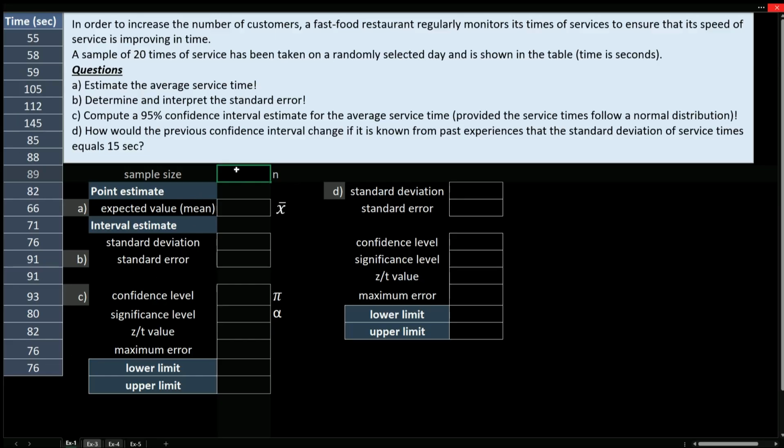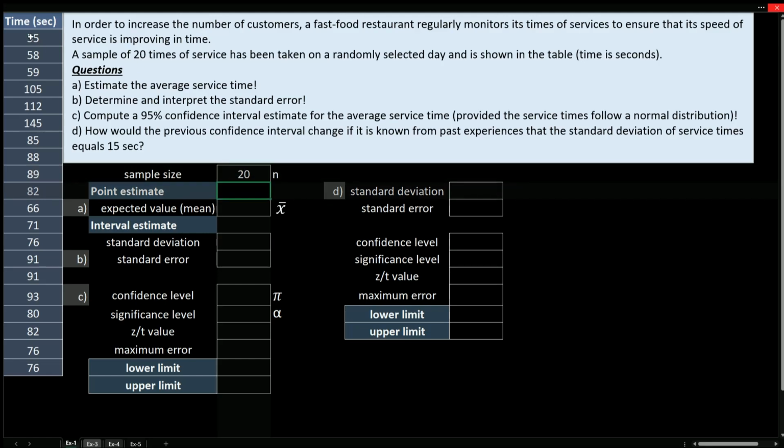So first of all, by the given information, we have the sample size to be 20. However, if it is not given here, we can use the count function and see how many items are in the sample. Point estimate for average is the average of the sample.